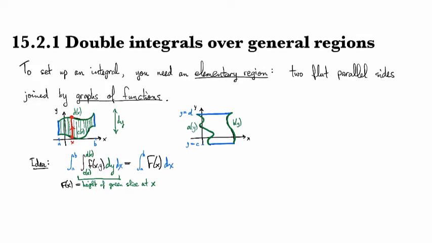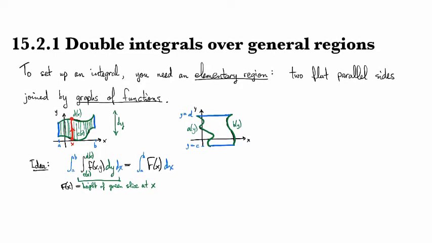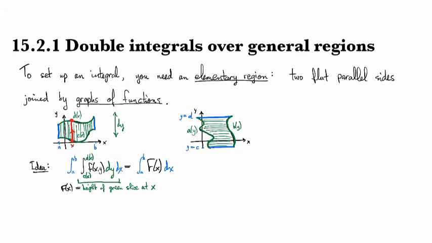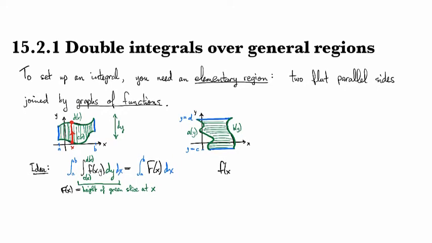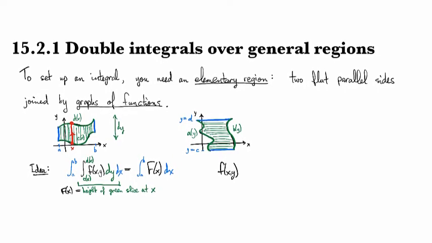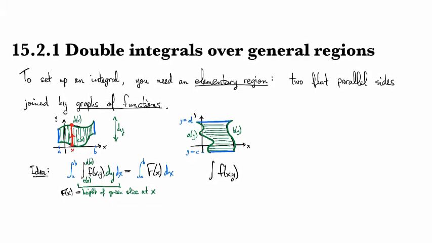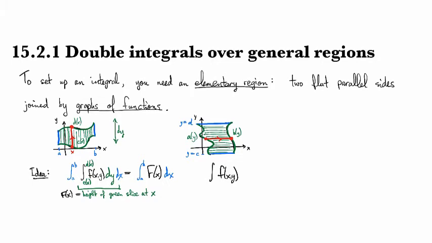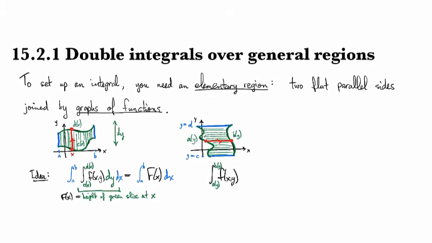And so if I were setting up the integral here, now I'm looking at decomposing this region into a bunch of slices that are going between the green curves parallel to the blue, like this. So I would take my integrand and integrate it from the lower green bounding edge to the upper green bounding edge in that direction. So I'd be going from a of y to b of y. Those are the ends of my bounds.